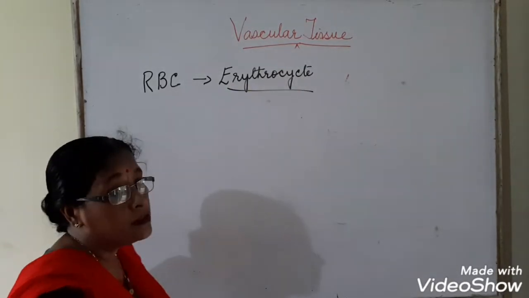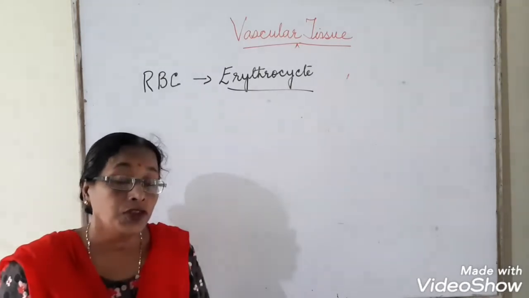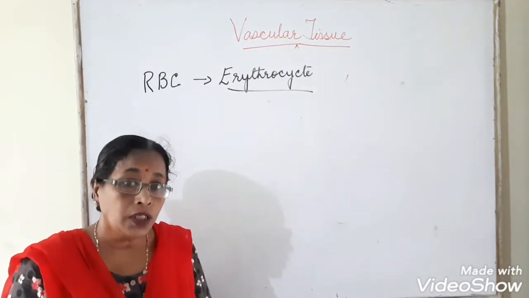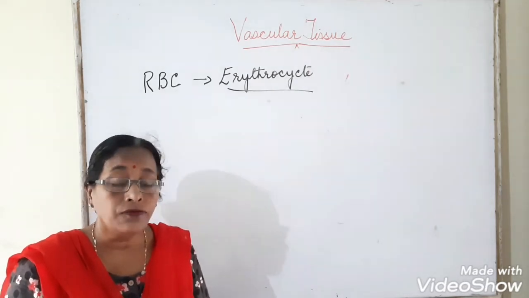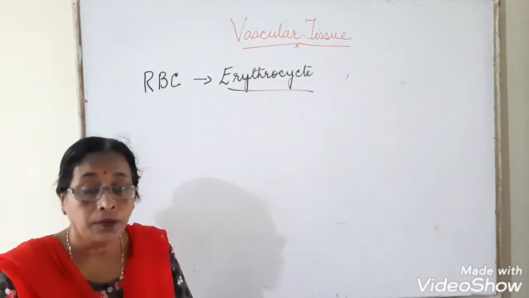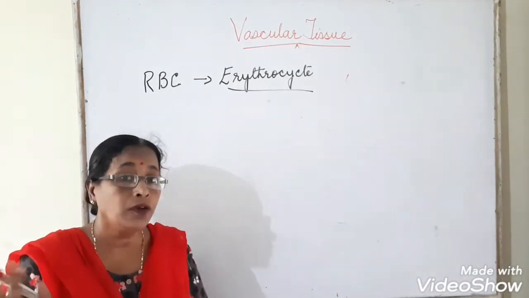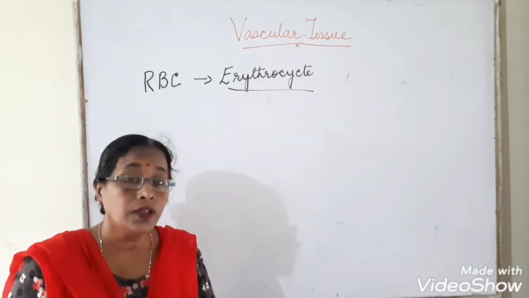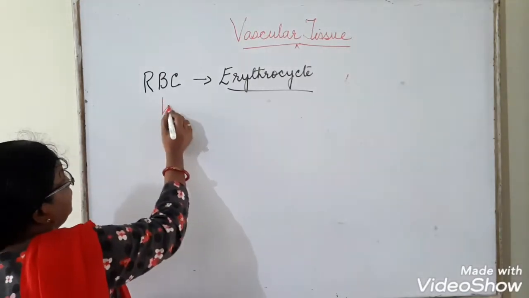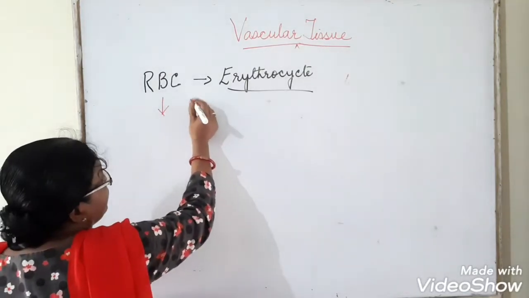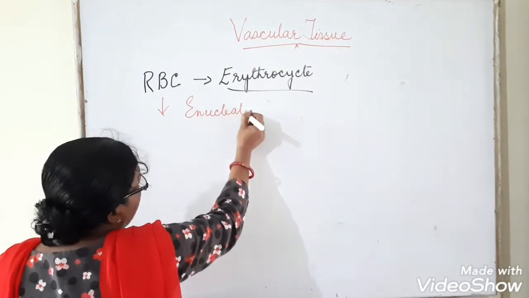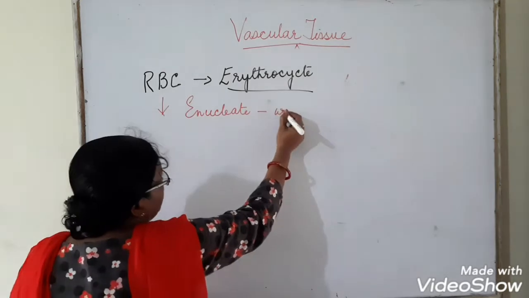The red blood cells are manufactured in the bone marrow and are biconcave disc-like, without any nucleus. Human RBC has a lifespan of 120 days. So you can say the RBCs are enucleate, that is, without any nucleus.